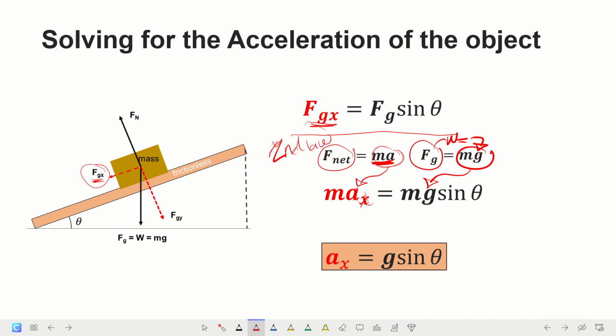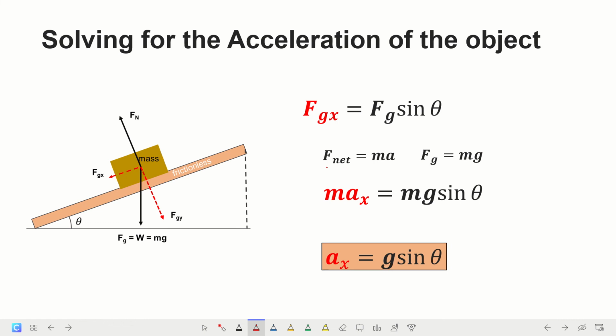What we want to look for is the acceleration of the object down the plane, so we need to isolate acceleration. Let me erase what is written. We divide both sides by mass, so we cancel the mass on both sides.